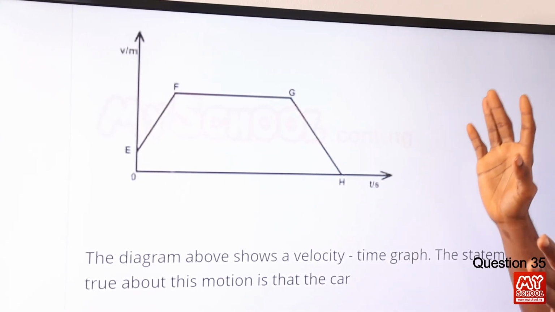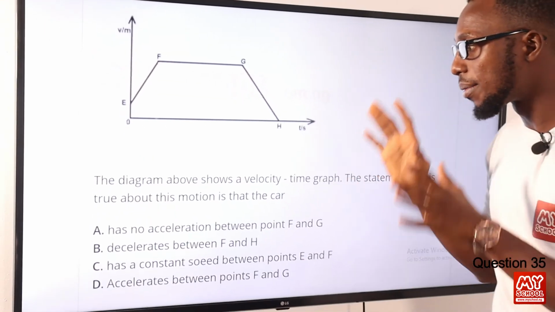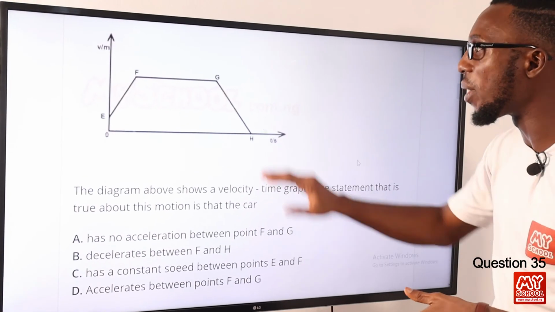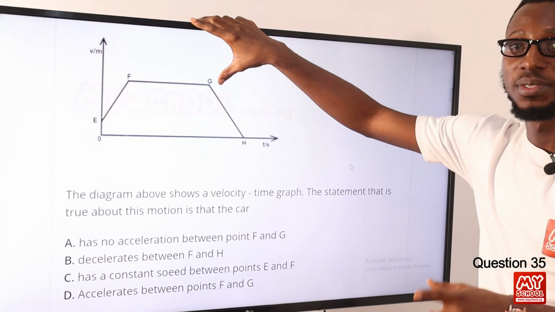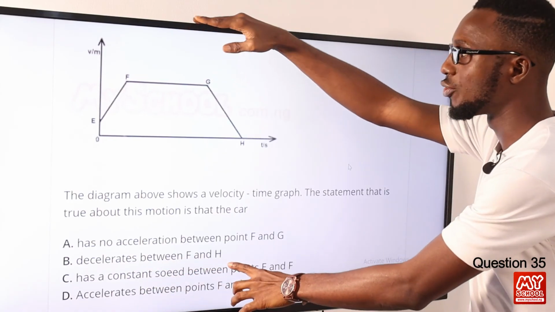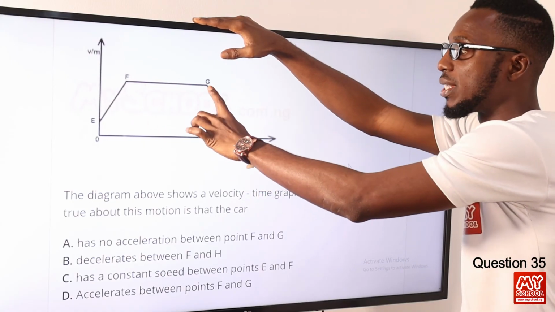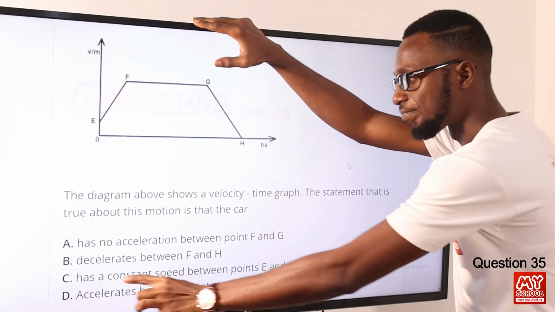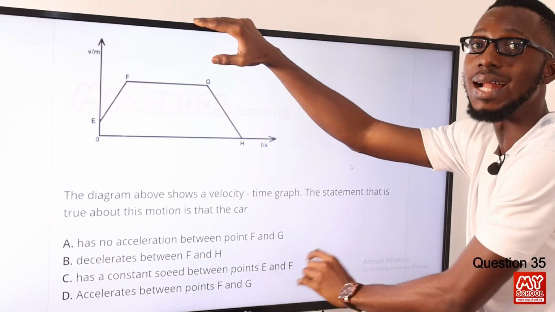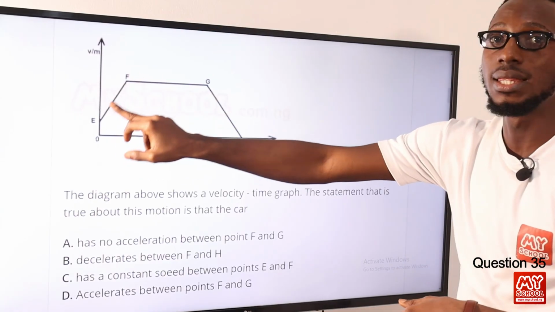The diagram above shows a velocity time graph. The statement that is true about this motion is that the car has no acceleration between points F and G. That is the correct option. Look at B: decelerates between F and H. That is incorrect. C: has a constant speed between points E and F. You can see that there is a change here.